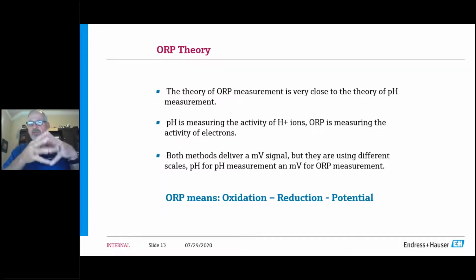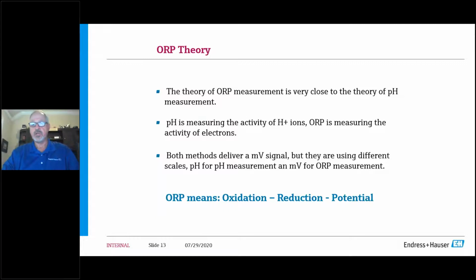Both methods deliver a millivolt signal, but they're using different scales, pH for the pH measurement and a millivolt scale for the ORP. One unique thing about oxidation reduction potential sensors is they're not measuring oxidation or reduction. They are measuring oxidation and reduction at the same time.